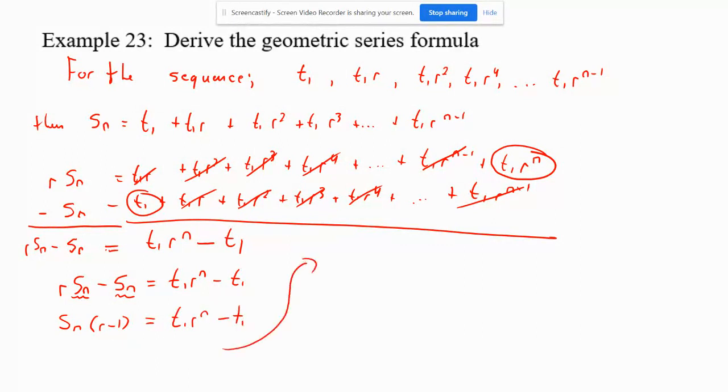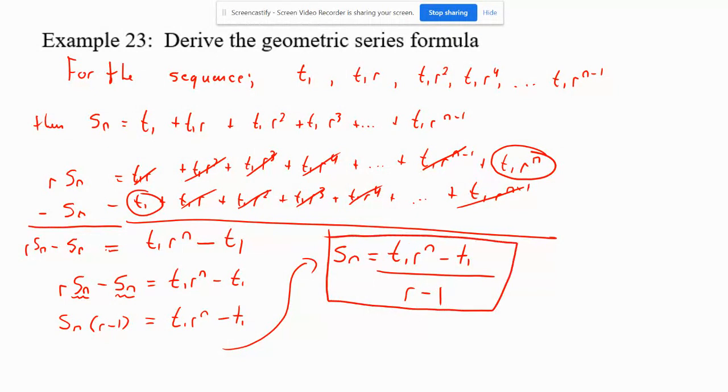And then if I divide both sides by R minus 1, this is going to be our geometric series formula. Okay. Here's our geometric series formula, guys.